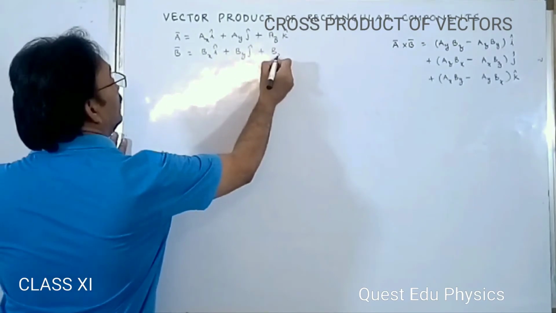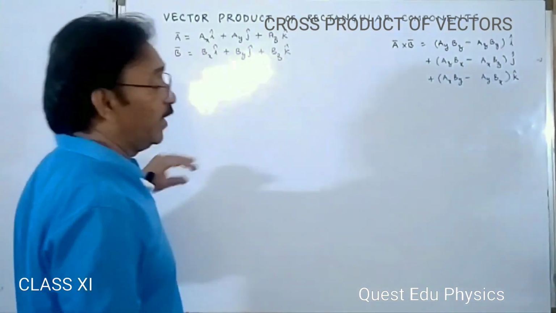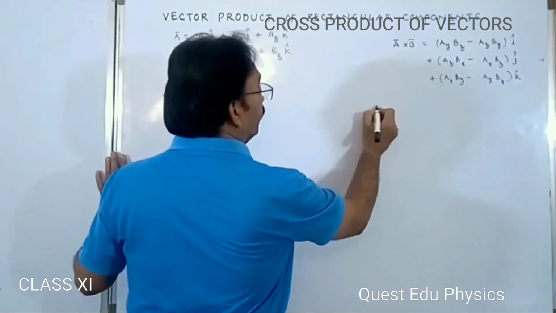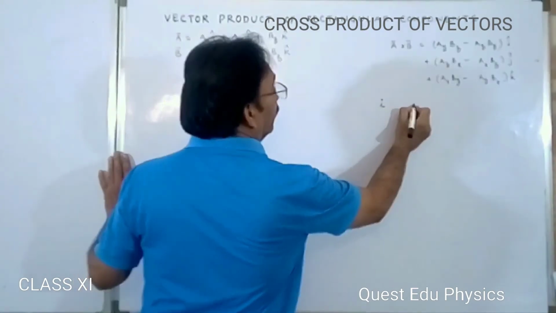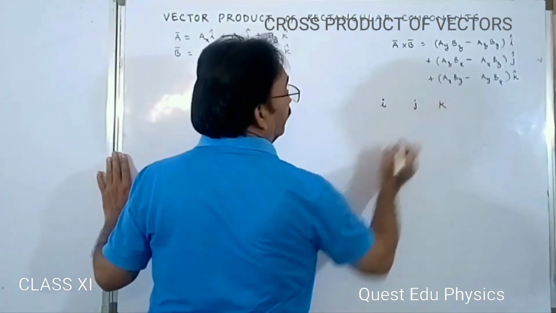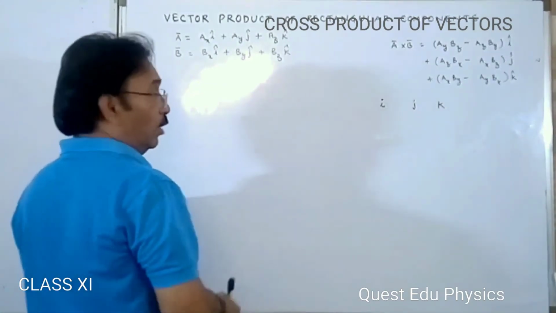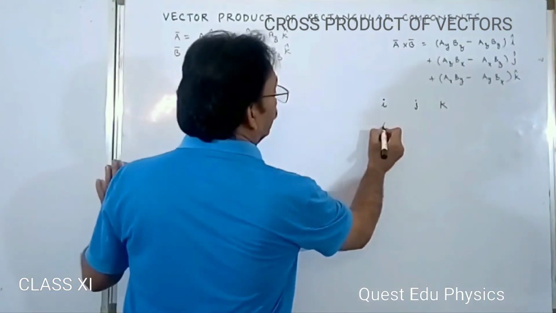We have to write these vectors in a pattern in the determinant form, I, J and K, in rows as well as columns.